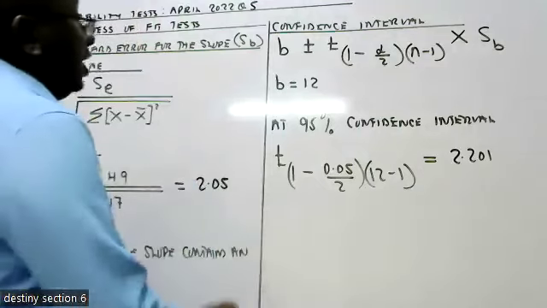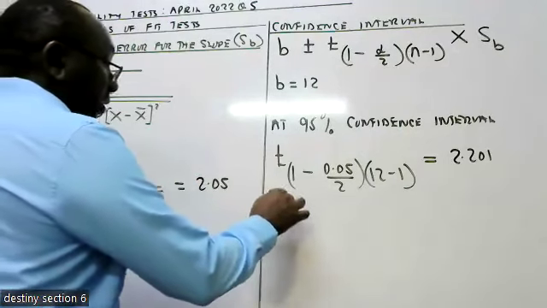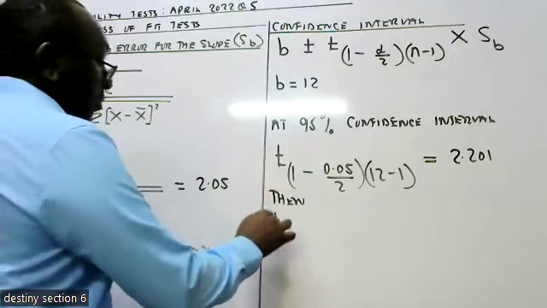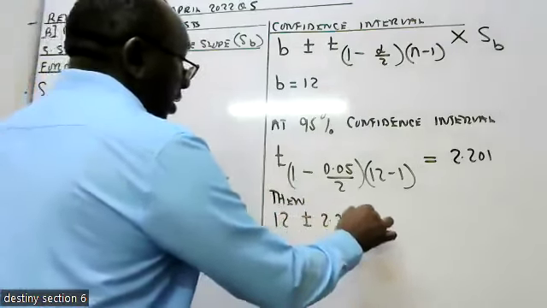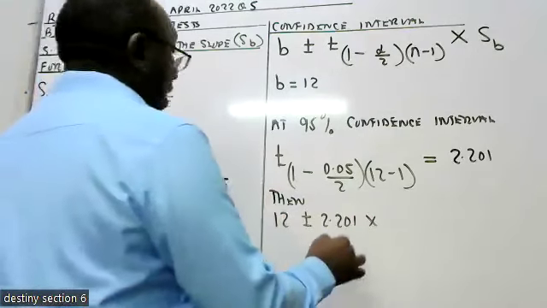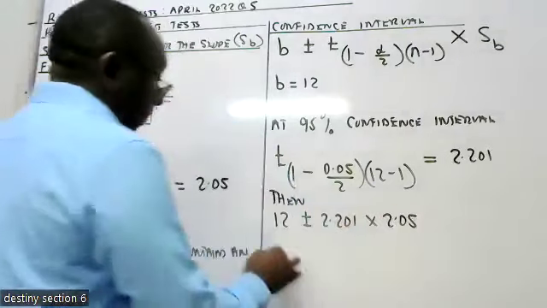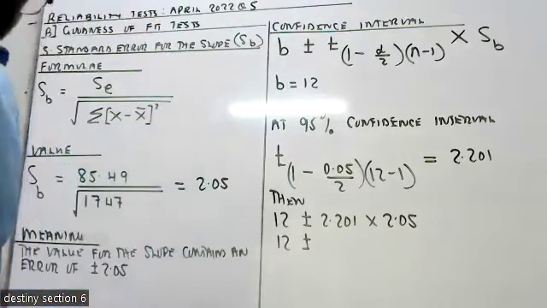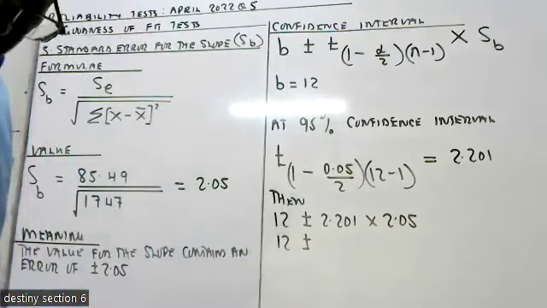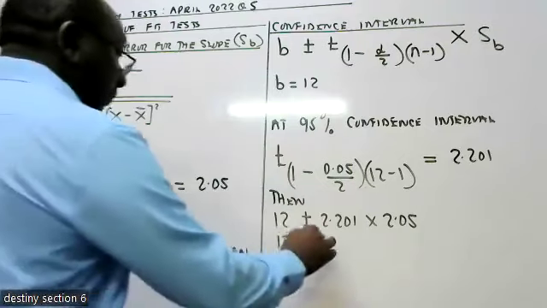So if that is true, I proceed and say it will be 12 plus or minus 2.201 multiplied by SB. SB we have gotten here, 2.05. 2.201 times 2.05 is 4.5.